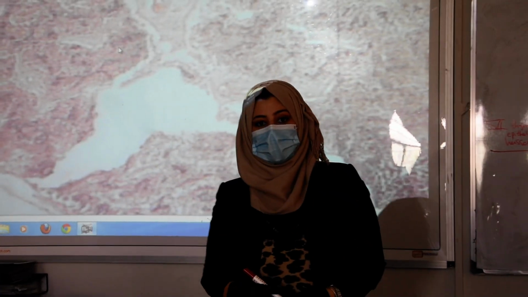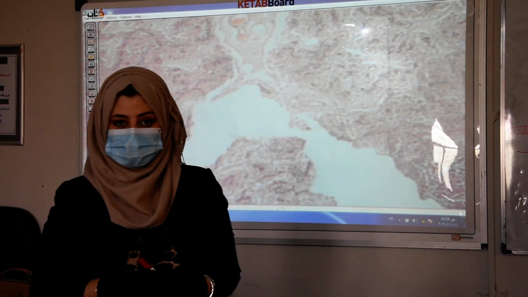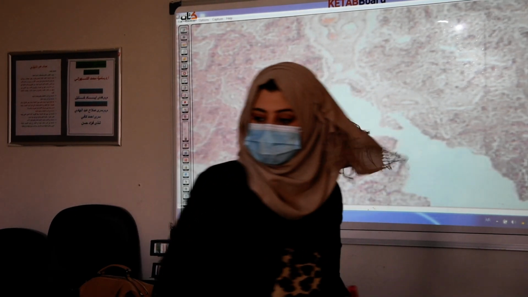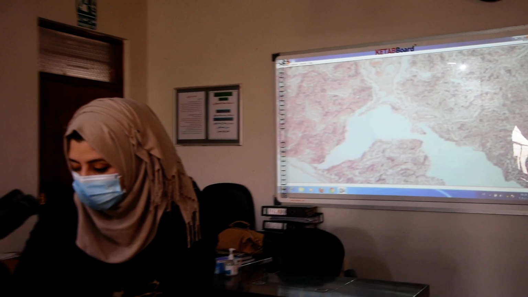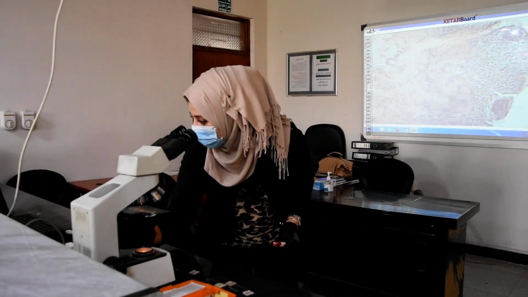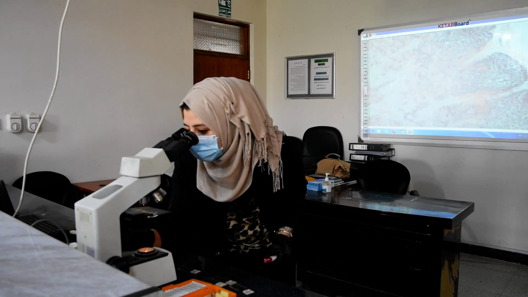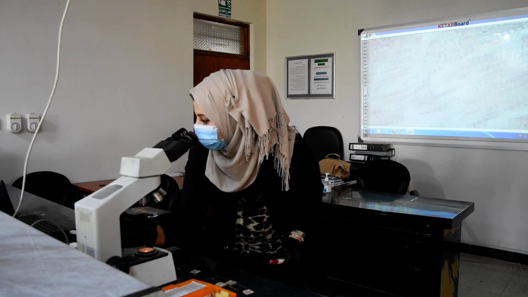Histologically, we can also divide this node into three parts: cortex, paracortex, and medulla. These are the cortex. Okay. This side.